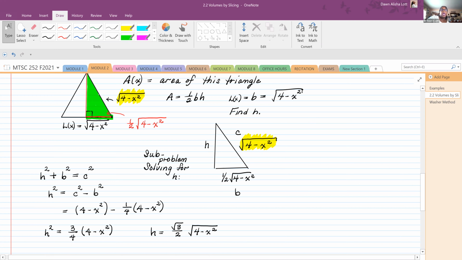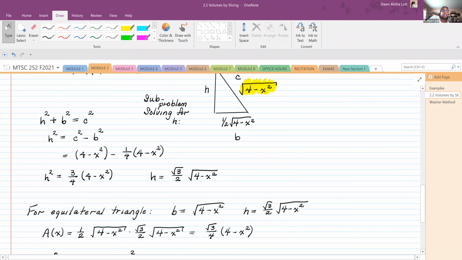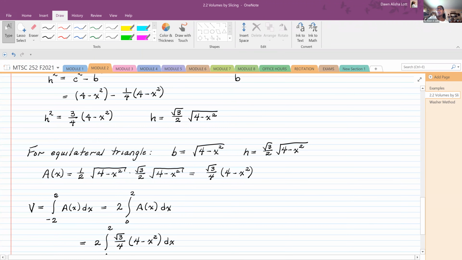Once I have h, I can now go back to the original problem, which was for the equilateral triangle, where I had the base and the height. Once I computed what the area was, the steps for this problem are: you need to identify the limits of integration.